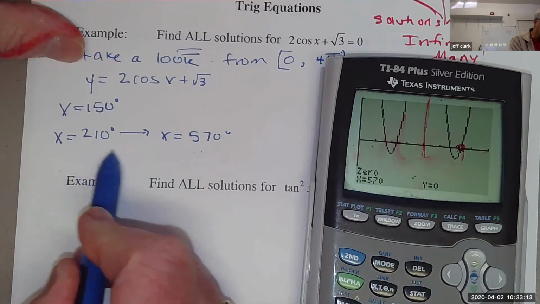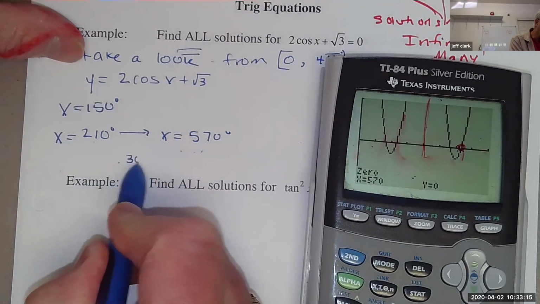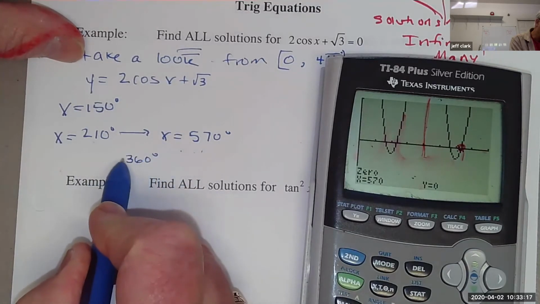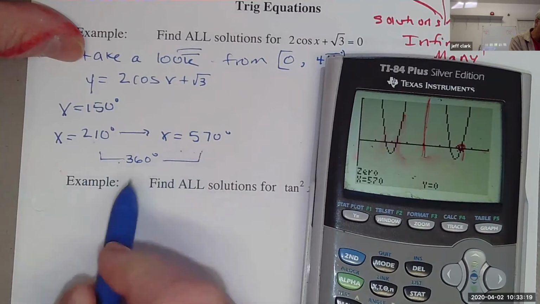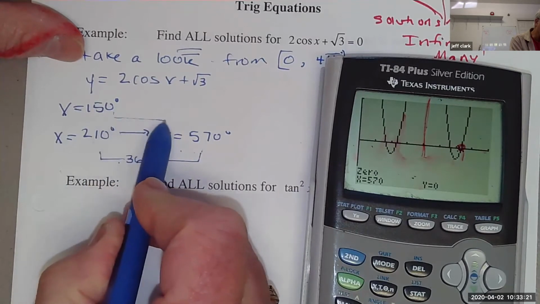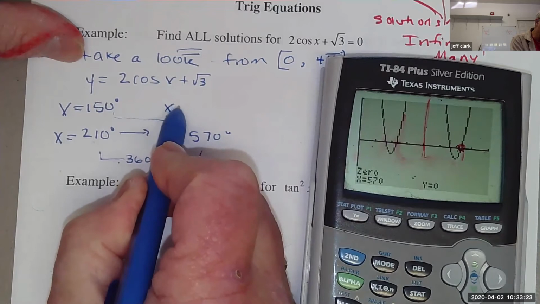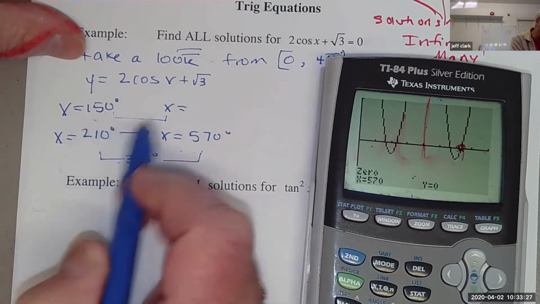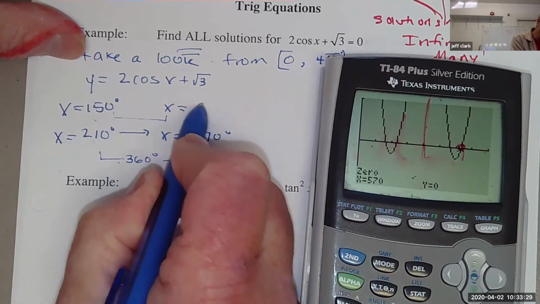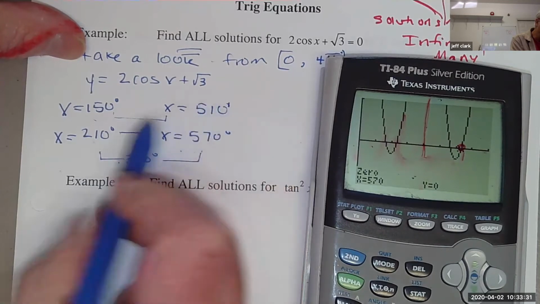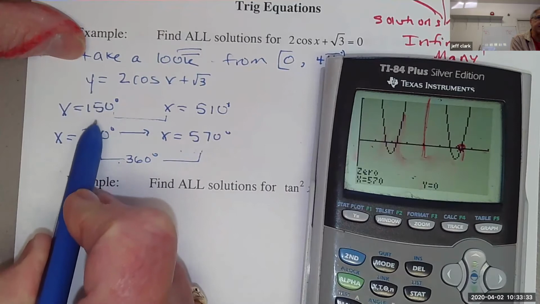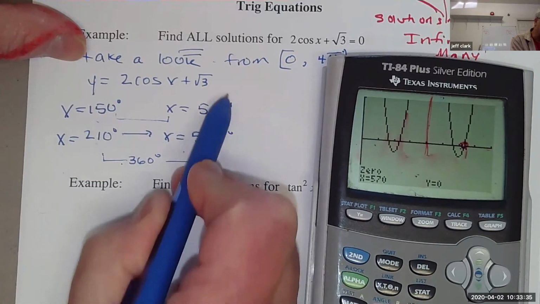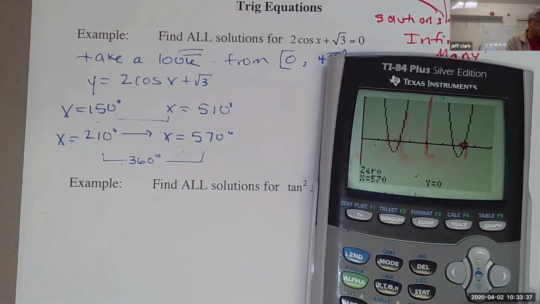I think that's 360. I'm saying this distance from here to there should be 360 as well. 360, 510. What's the distance between here? 60 degrees, 60 degrees. It should be 510 when you do it again.